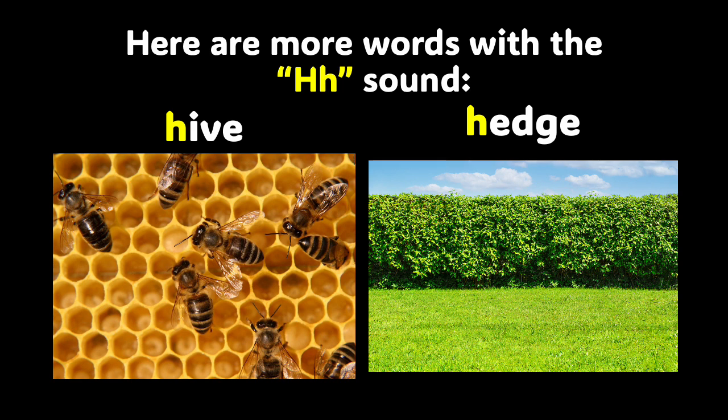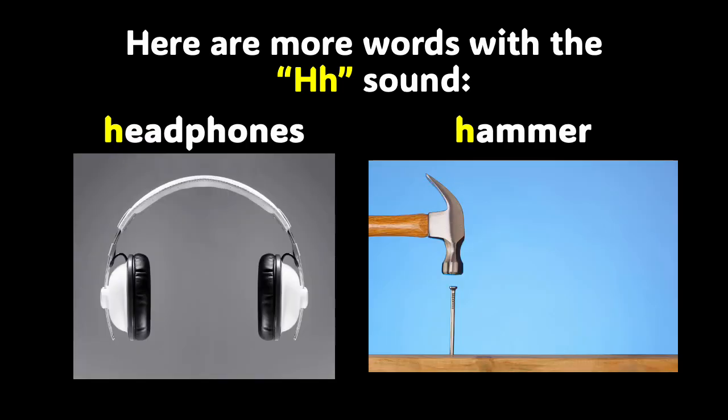Can you say these two words by yourself? I bet you can. We have hive and hedge. Hive and hedge both start with the H sound. Do you recognize the things in the pictures on your screen?